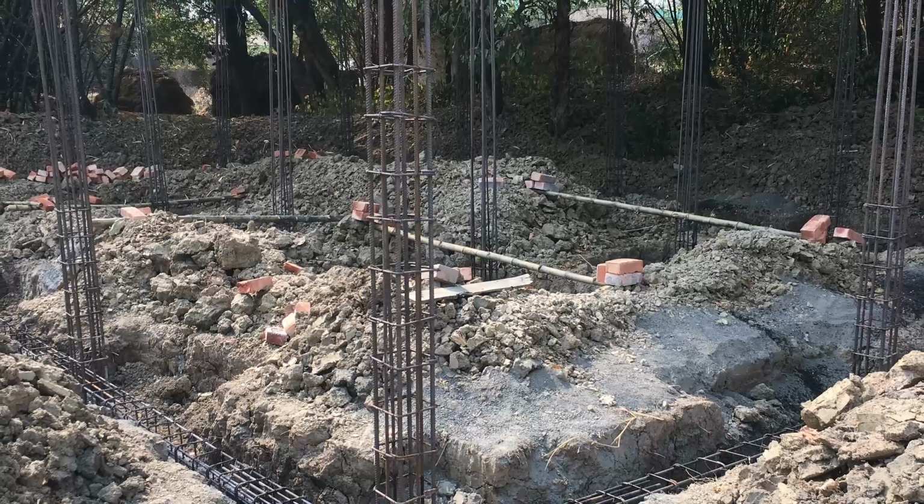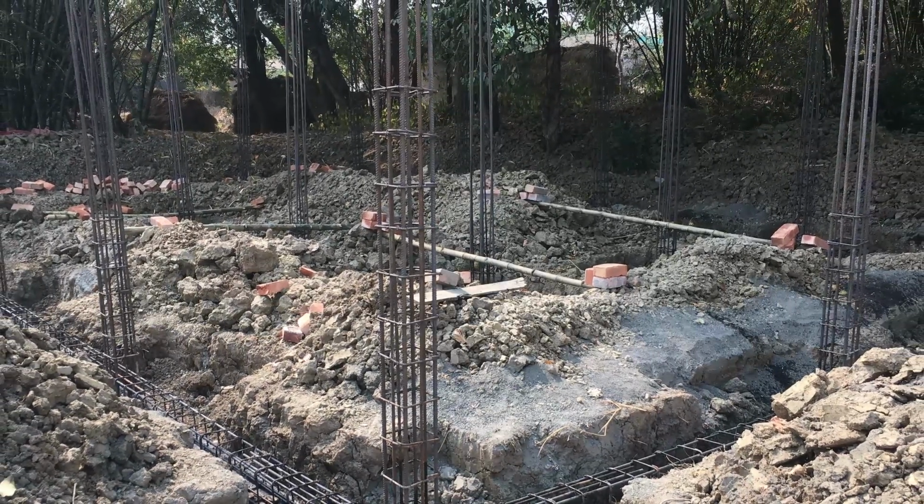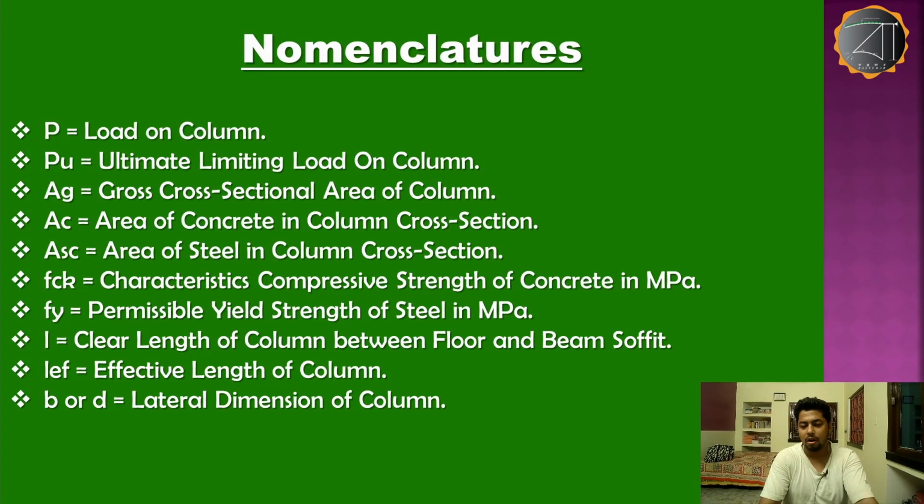LEF is the effective length of the column. B or D is the lateral dimension of the column.